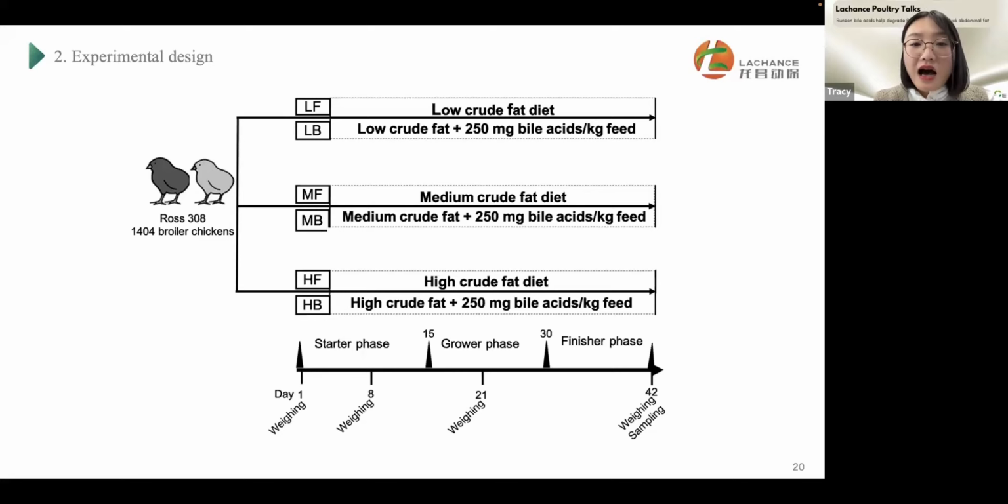And in the high crude fat diet, this is the high fat HF group, and the HB group is the high crude fat plus 250 milligram bile acids per kilogram feed. So this is the experimental design.